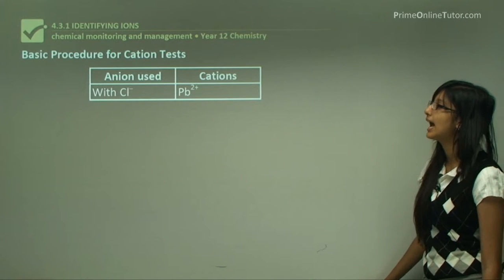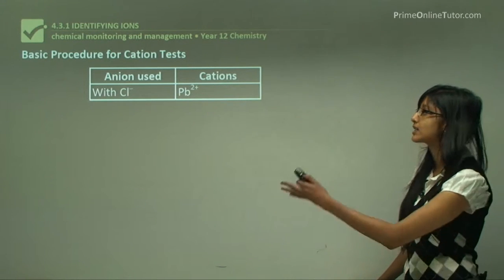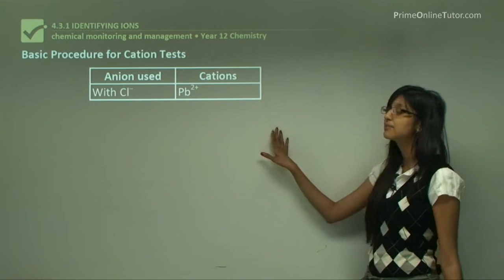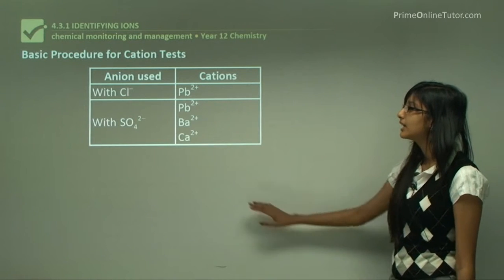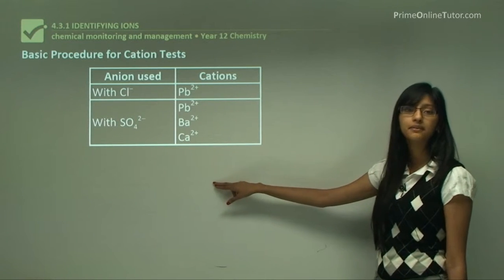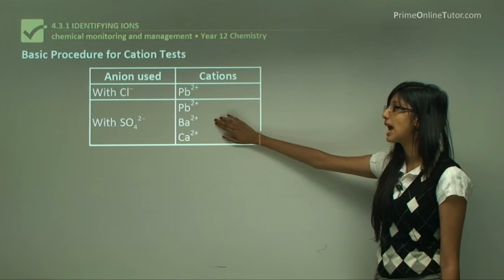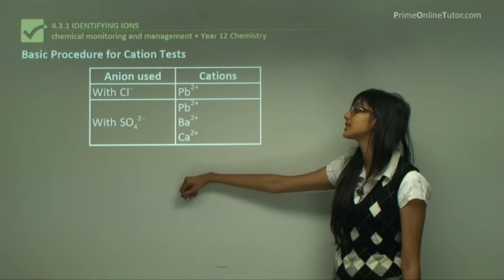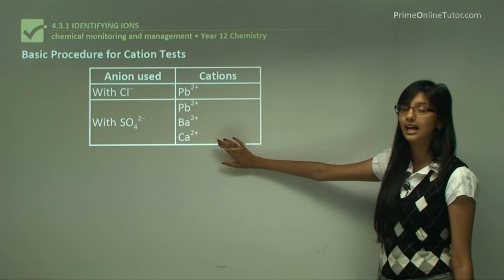Now let's look at the summary. So if you have a solution and you add chloride ions to your solution, then if a precipitate forms, it will indicate that lead is present. If you add sulfate and a precipitate forms, then it will also indicate that lead is present, and barium or calcium can also be present. So anything that forms a precipitate with sulfate can either be lead, barium or calcium.